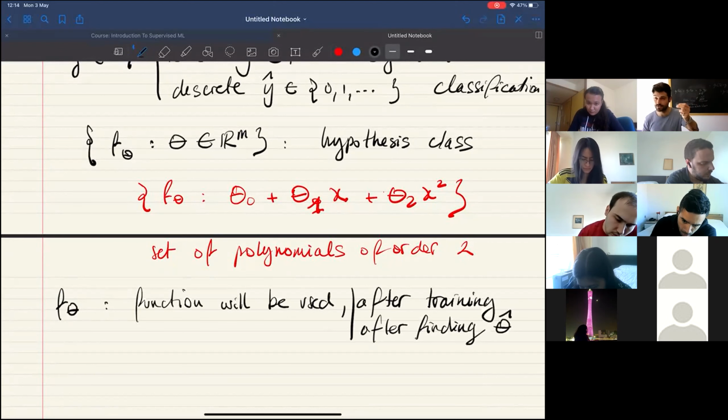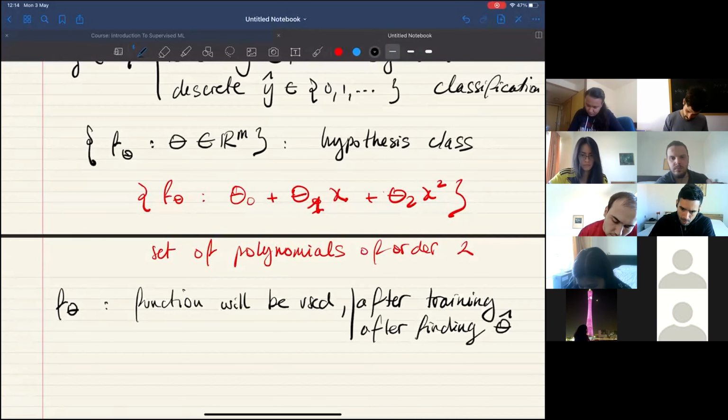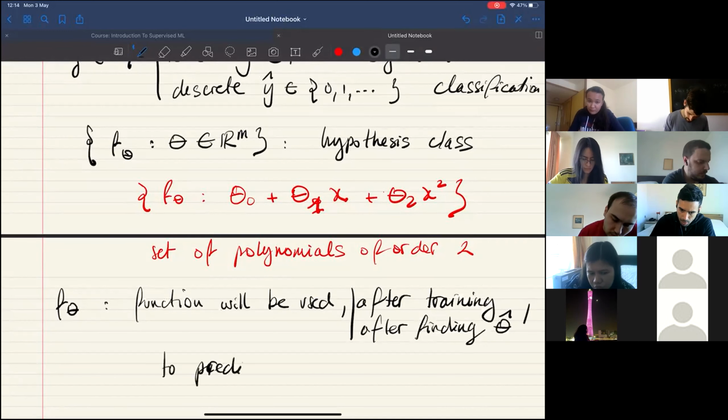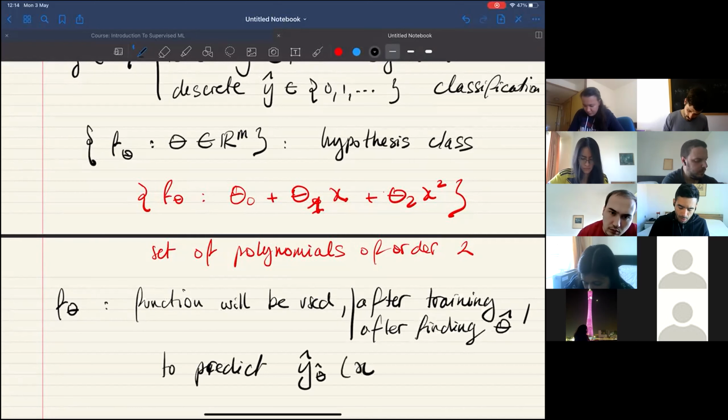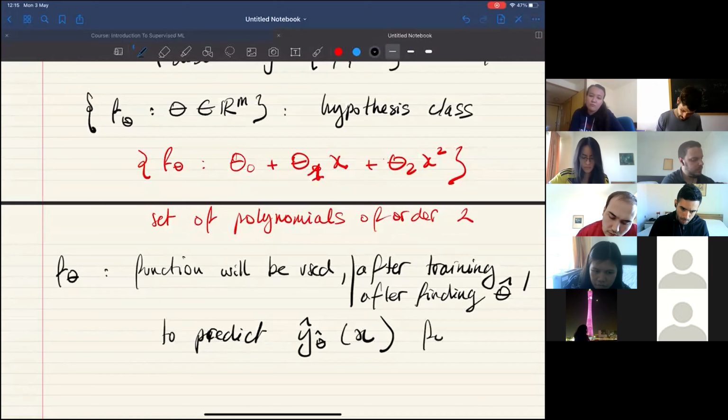By hat, I mean, again, once you have chosen values for the parameters, it will be used to predict the output, the label, of new unseen data points, for X unseen during training.